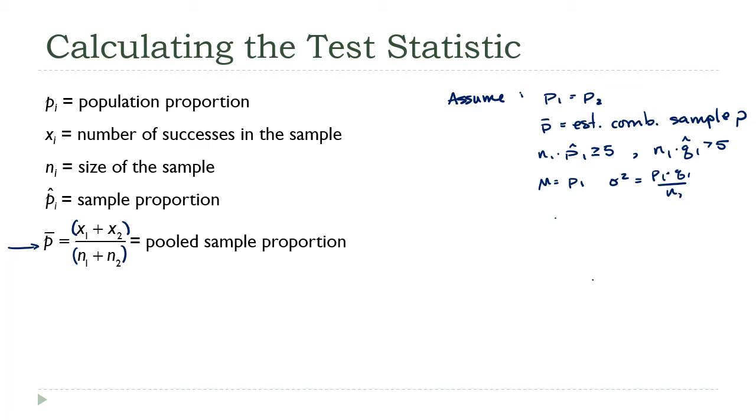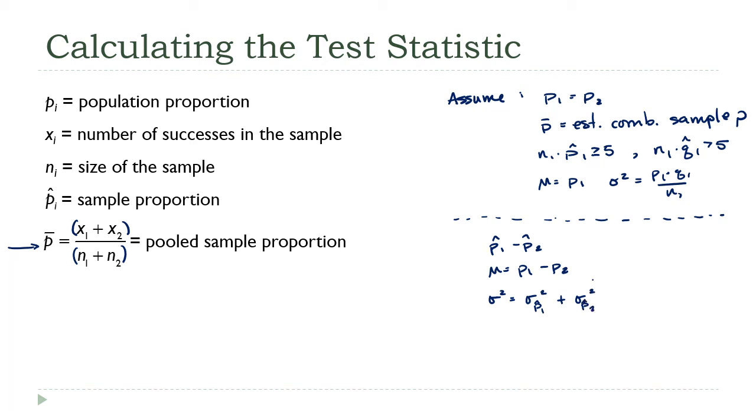All right, so because the two samples are approximately normal, that means that the difference, p1 hat minus p2 hat, will also be approximately normal, with mean equal to p1 minus p2, and variance sigma squared of p1 hat plus sigma squared of p2 hat.